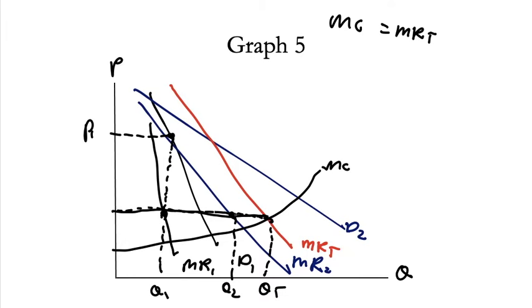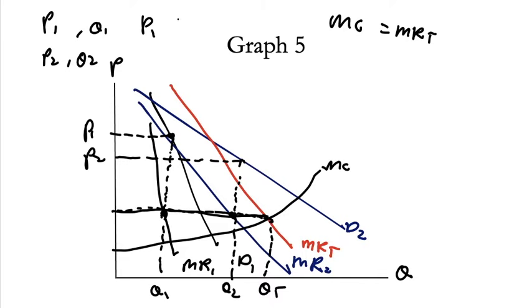What's the price that should be charged? Which is here. Can you see two different price now? P1 and P2. P1, Q1. P2, Q2. P1 is greater than P2, isn't it? Now, in this case, there is price discrimination because you are charging two different prices.